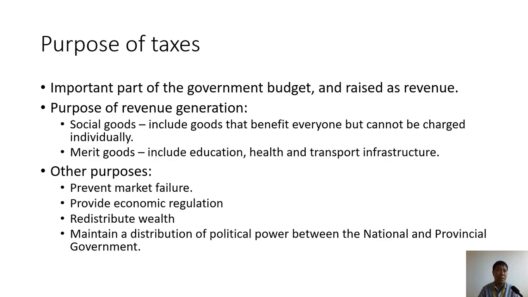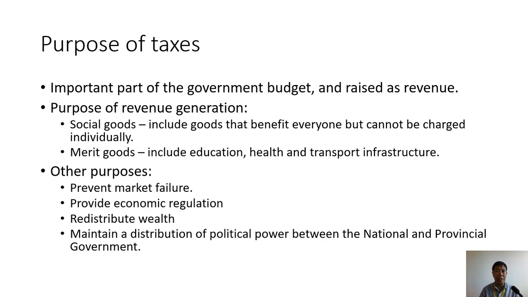So as mentioned a while ago, the primary purpose of tax is of course to raise government revenue. That's part of the budget of the government. So the reason why government needs money is of course social goods, okay? Especially in revenue generation, social goods. It includes that benefit everyone but cannot be charged individually.